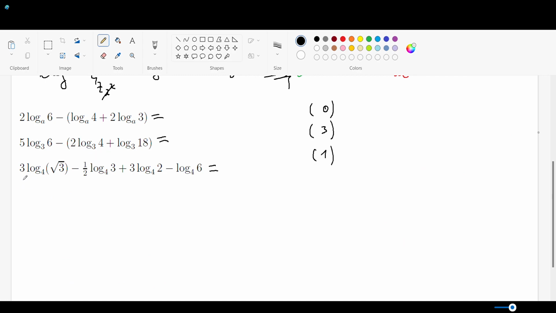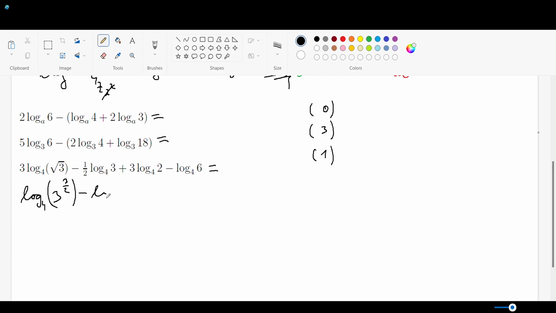So first of all, we rewrite this one as a logarithm base 4 of, okay, as this is the square root of 3, it can be written like 3 to the power of 1 over 2, but then if we multiply it by 3, it can be very easily written as, but I'm thinking if it makes sense, but let's try and we will see, logarithm base 4 of 3 to the power of 3 over 2, okay?